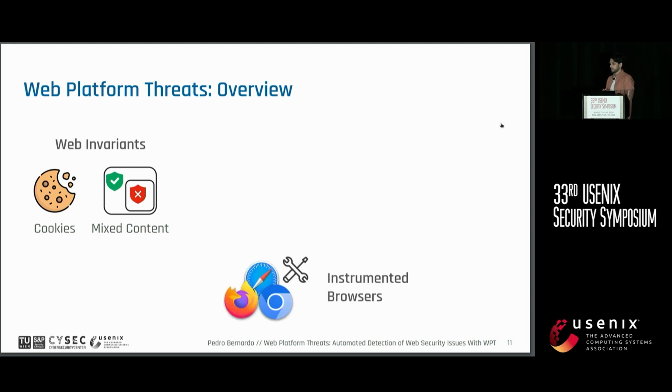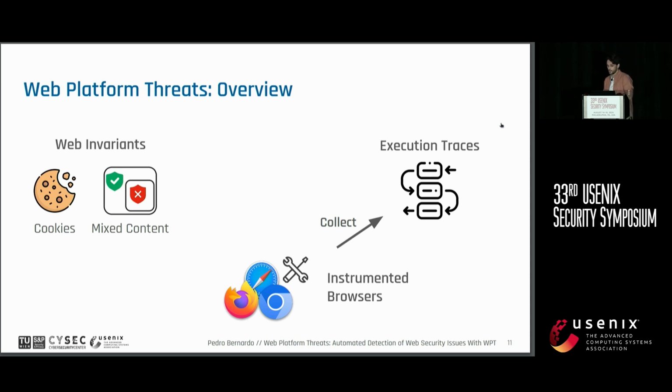Then we instrument the three most popular web browsers to collect relevant events that we then aggregate in execution traces that represent browser behavior. We then verify these traces against our invariants in the hopes to find invariant violations, which by design will have security implications.